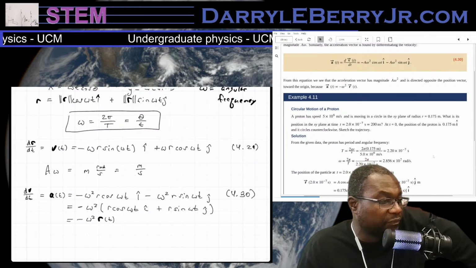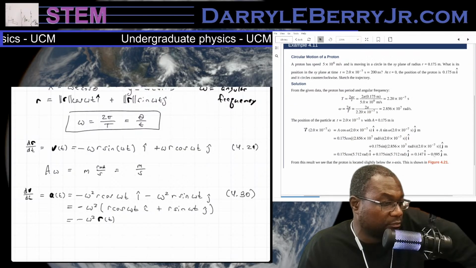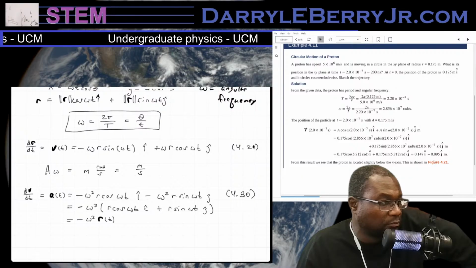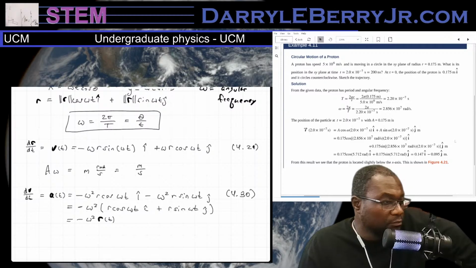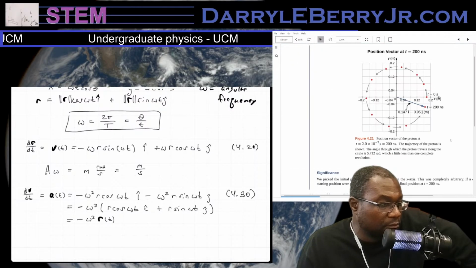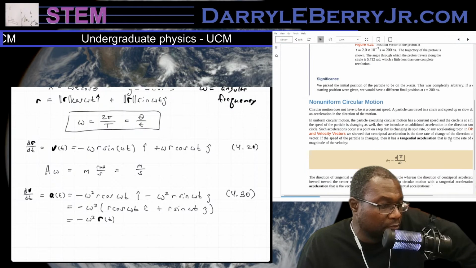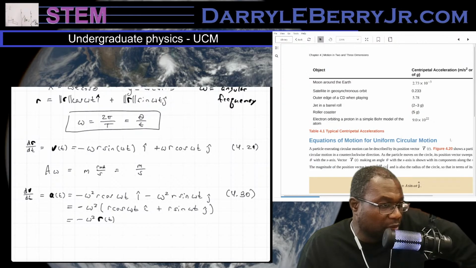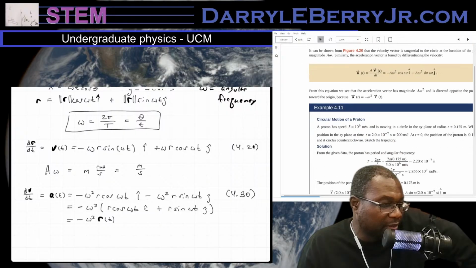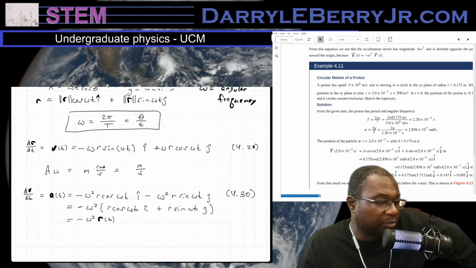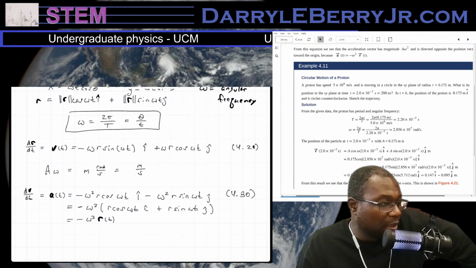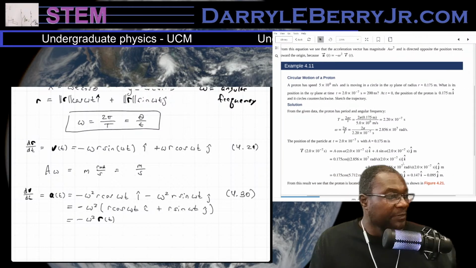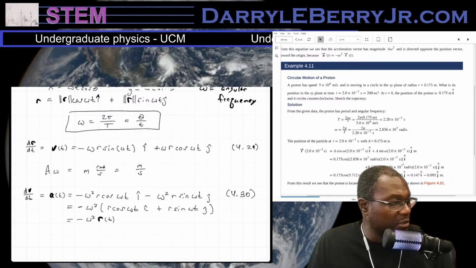All right, we're going to do circular motion of a proton here. We do this and then we'll call it a day. Circular motion of a proton. The proton has a speed of 5 times 10 to the 6 meters per second.